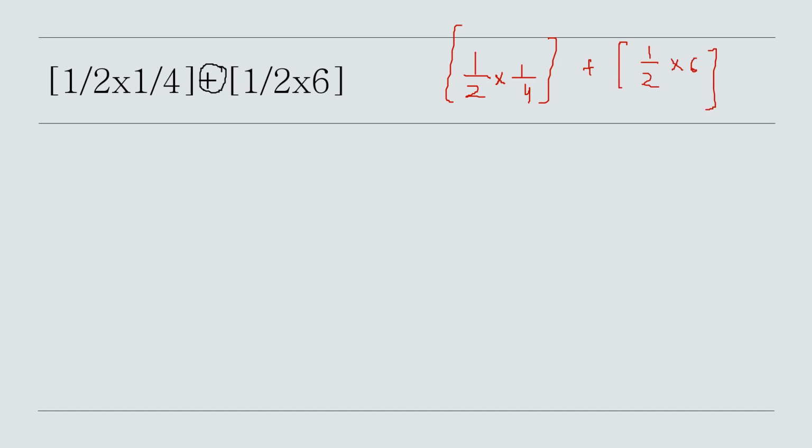If you see both sides of this addition sign, you'll find out that 1 by 2 is there. Can I bring out 1 by 2? What is left? 1 by 4 plus 6. Yes or no?